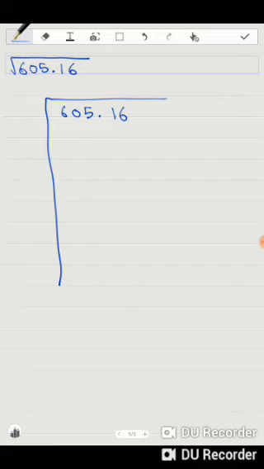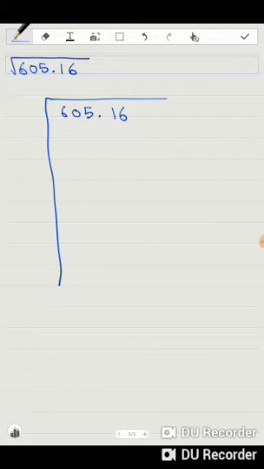Now the pairing up we will do would be separate for the decimals and separate for the integral part. Alright, now when we look at the decimal part, we need to always ensure that we have an even number of digits. If there is no even number of digits, we will make it an even number of digits by adding a 0 to it.